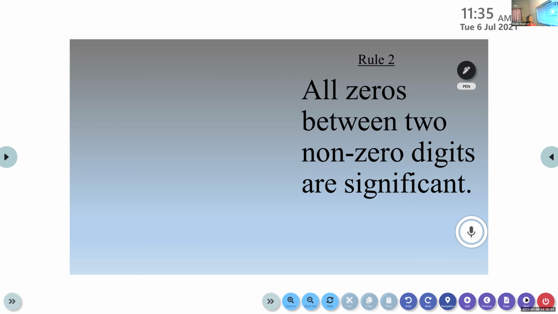All zeros between two non-zero digits are significant.